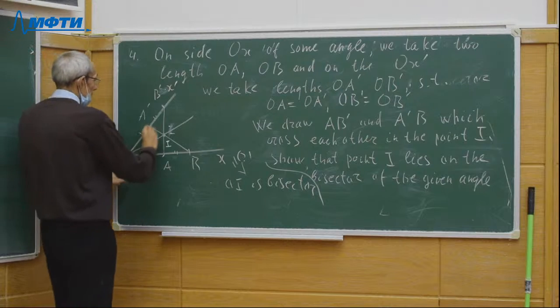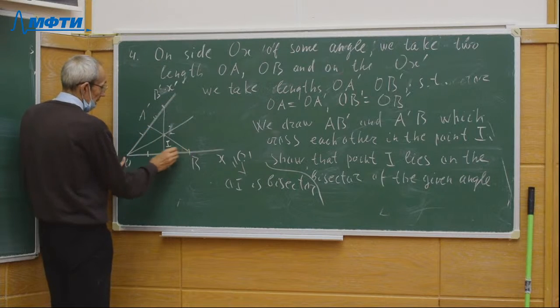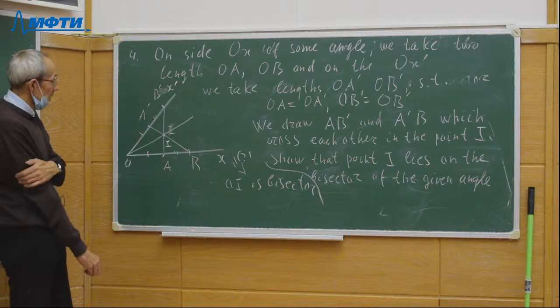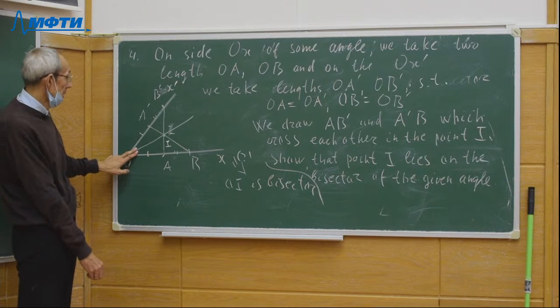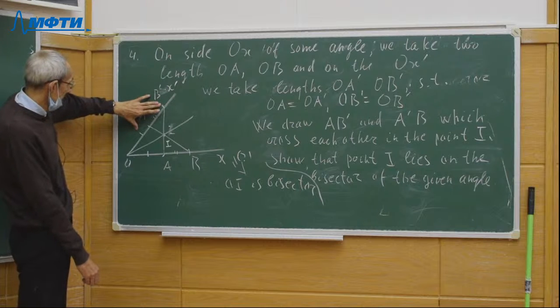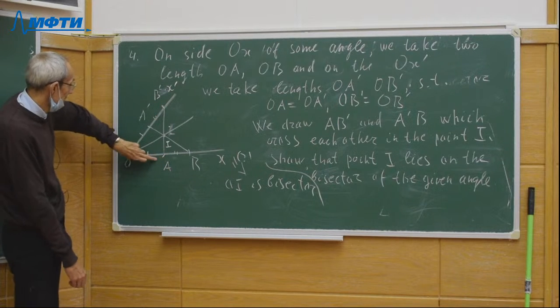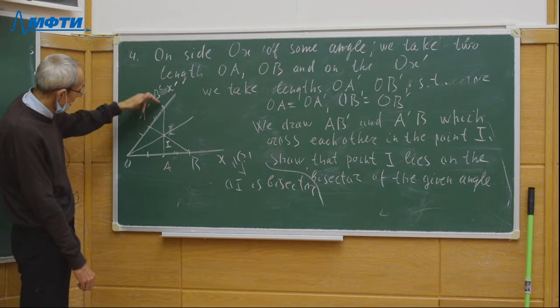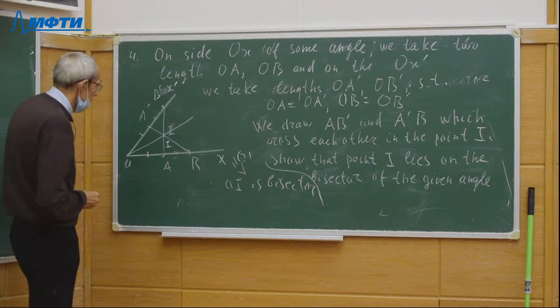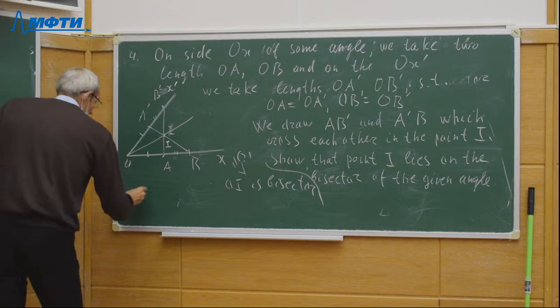Let's continue this, maybe with these triangles and these triangles. These triangles have the common angle, and this side equals this side, and this side is equal this side. And here this triangle equal, yes. That's right.